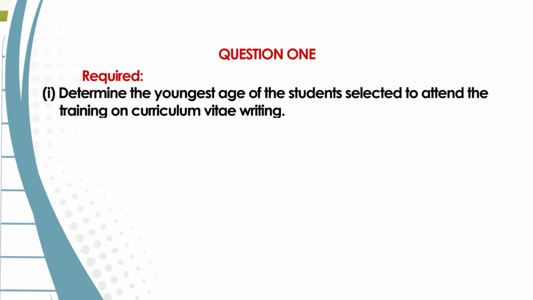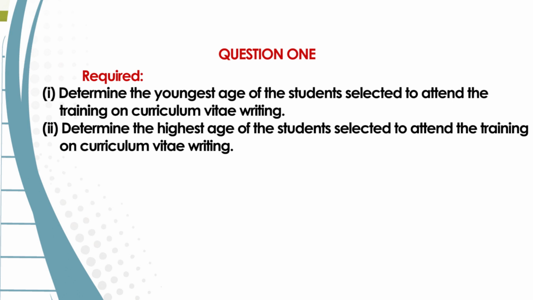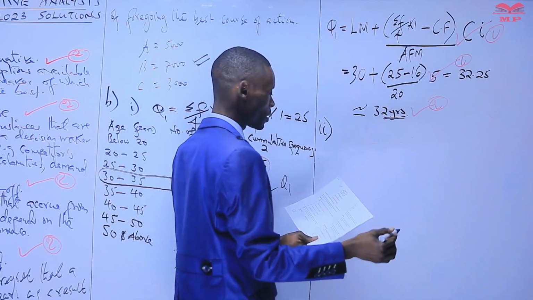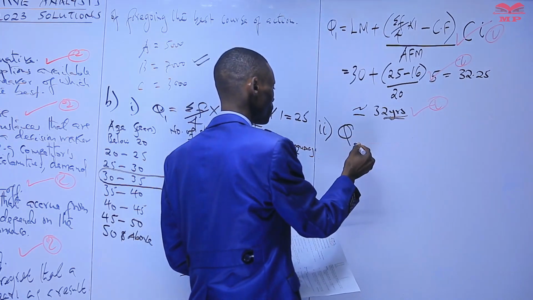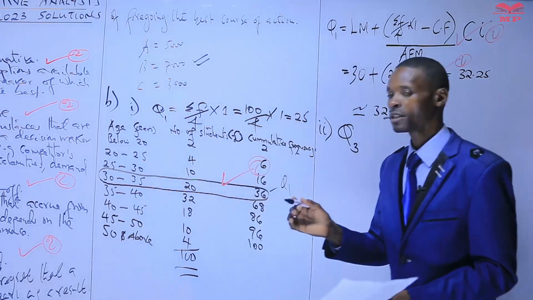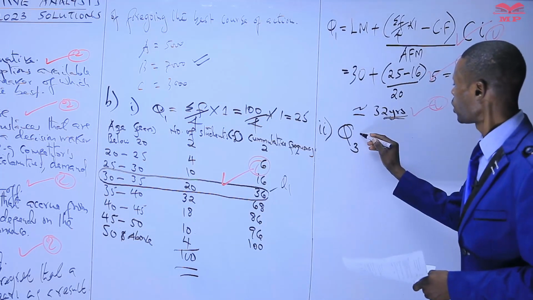Roman number 2. Determine the highest age of the students selected to attend the training on curriculum vitae writing. 4 marks again. Write the formula or determine first of all the quartile. It is quartile 3 because it is the highest. How do we get that?